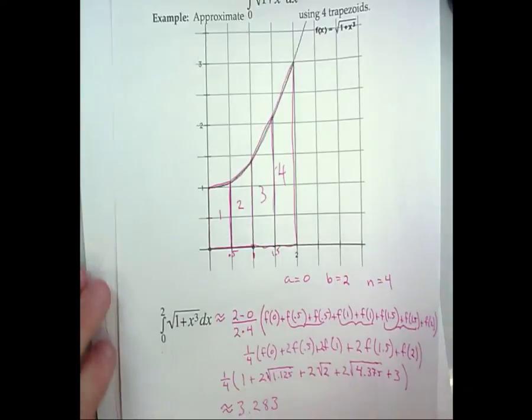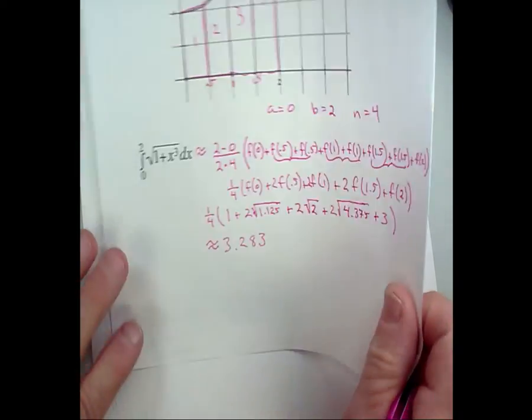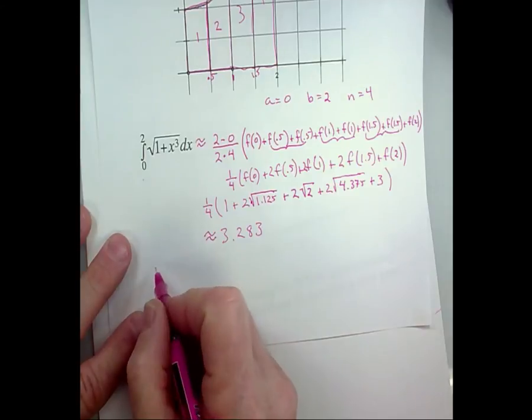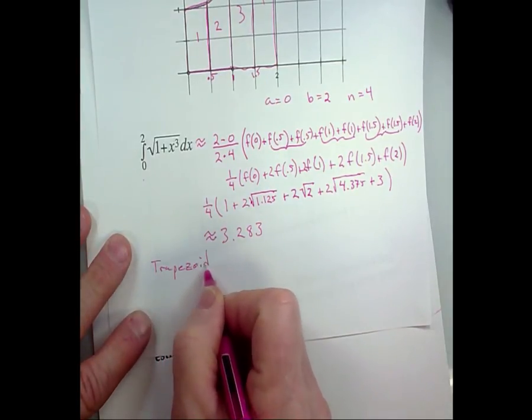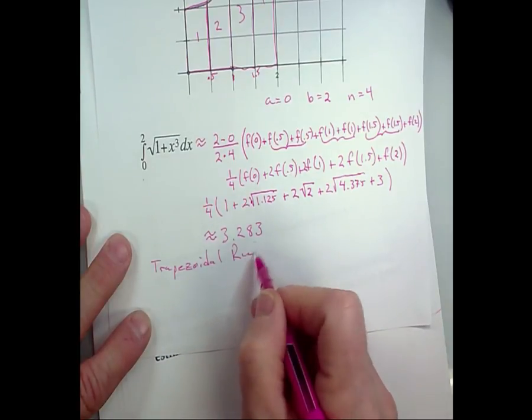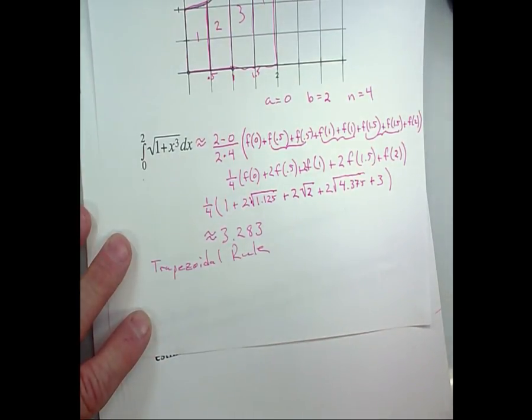So, the general formula is this. Trapezoidal rule. Alexis, how you doing today? Not too bad.